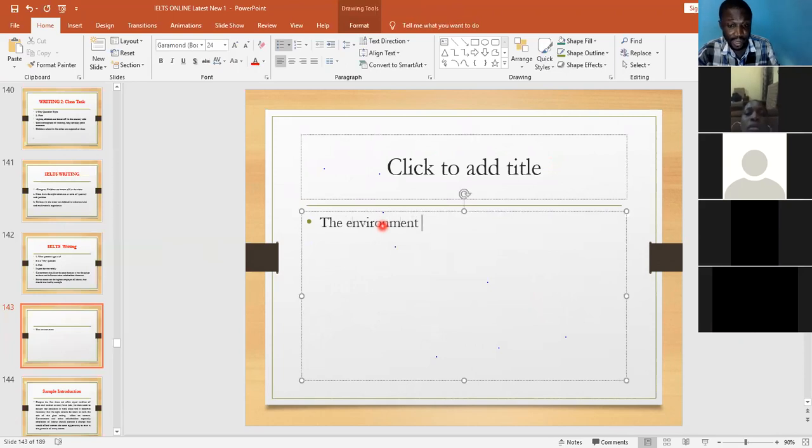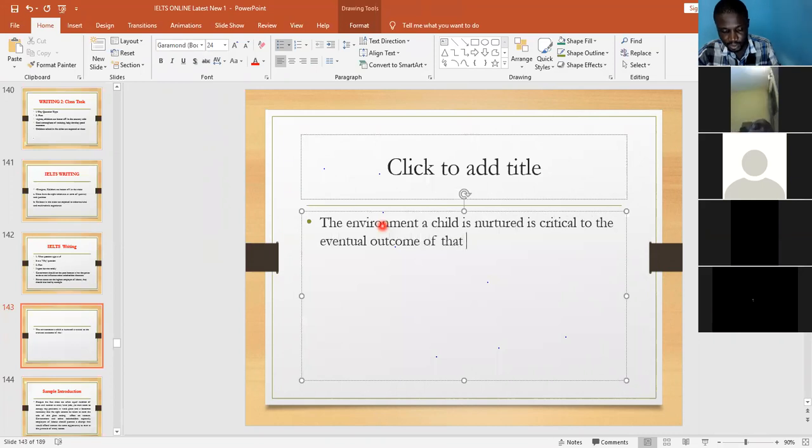I said the environment a child is nurtured in is critical to the eventual outcome of that child.